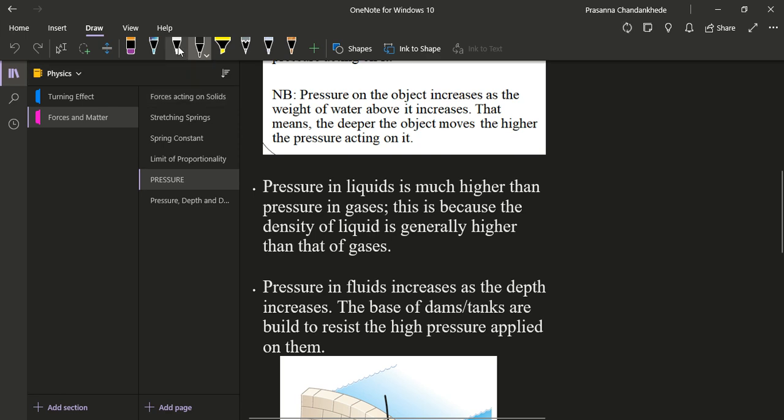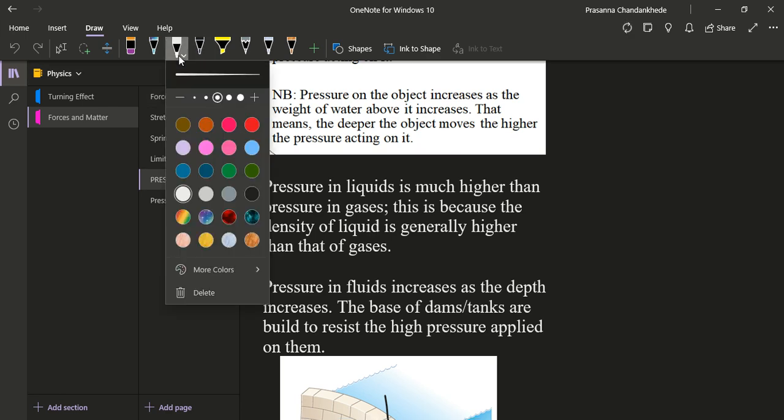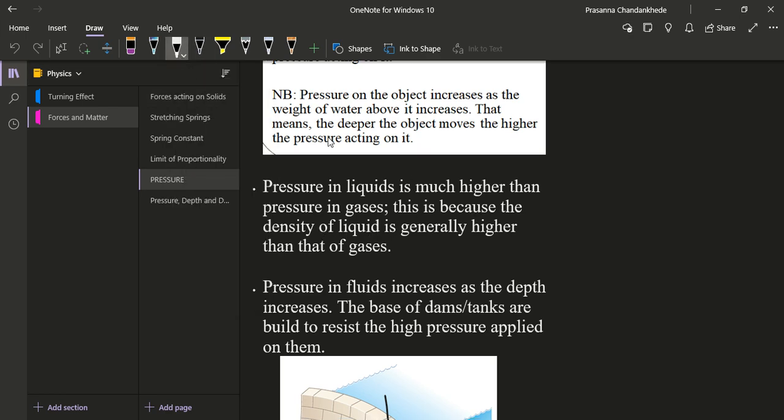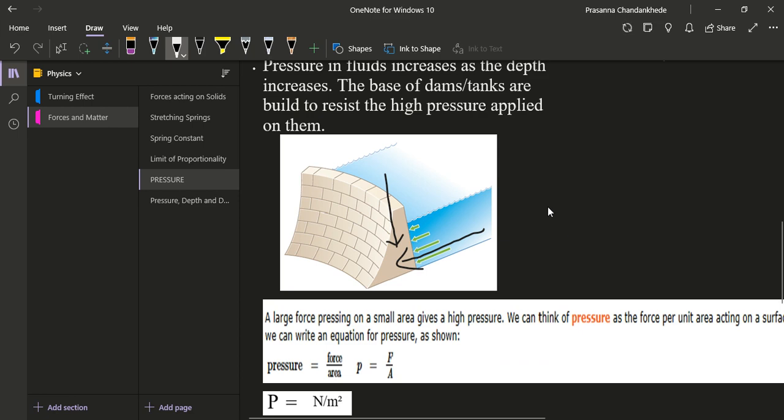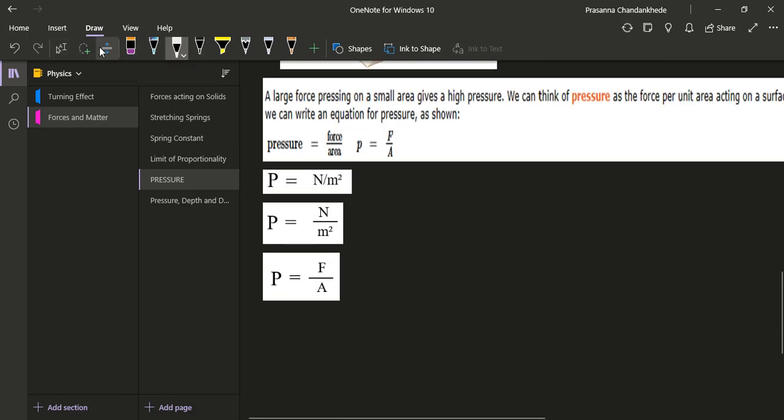Pressure in liquids is much higher than pressure in gases because the density of liquid is generally higher than that of gases. Pressure in fluids increases as the depth increases. The base of dams or tanks are built to resist the high pressure applied on them. A large force pressing on a small area gives a high pressure.